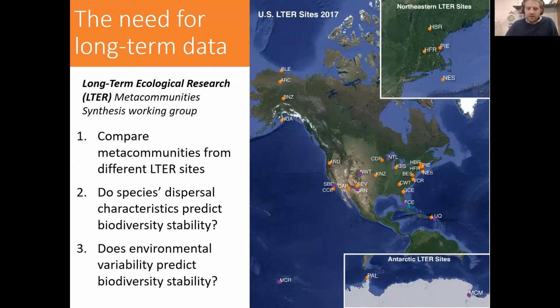What I'll show today is that we focused in on temperature, or we took standard deviation in temperature, because it's the variable that we could get a time series for from all the sites. But we're still grappling with how to deal with this, and input from folks on the call today would be welcome.